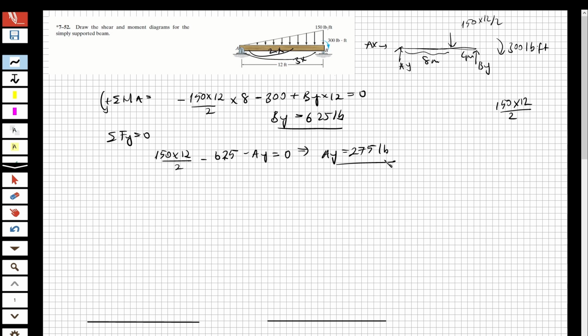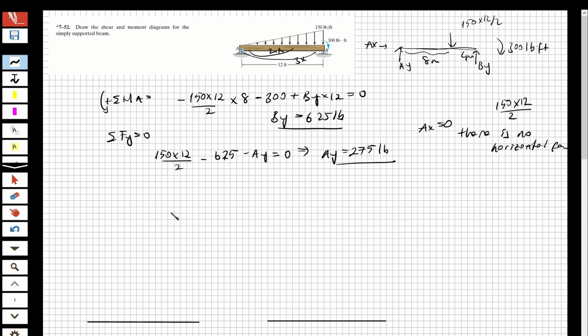So now we have determined AY and BY. We already know that AX is equal to 0 because there is no horizontal force.